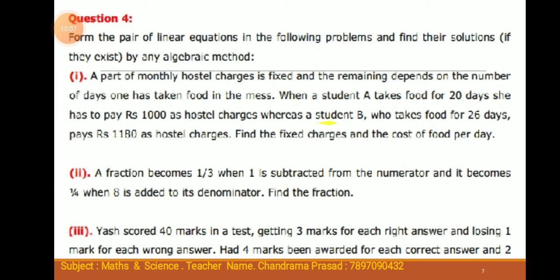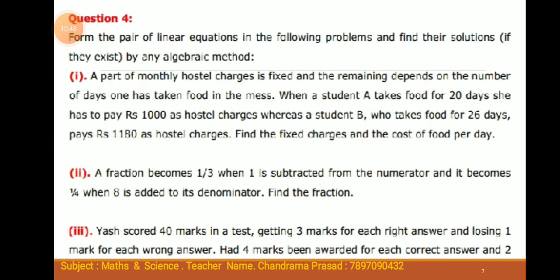When a student A takes food for 20 days, he has to pay rupees 1000 as hostel charges, whereas another student B who takes food for 26 days pays rupees 1180 as hostel charges. Find the fixed charges and the cost of food per day.